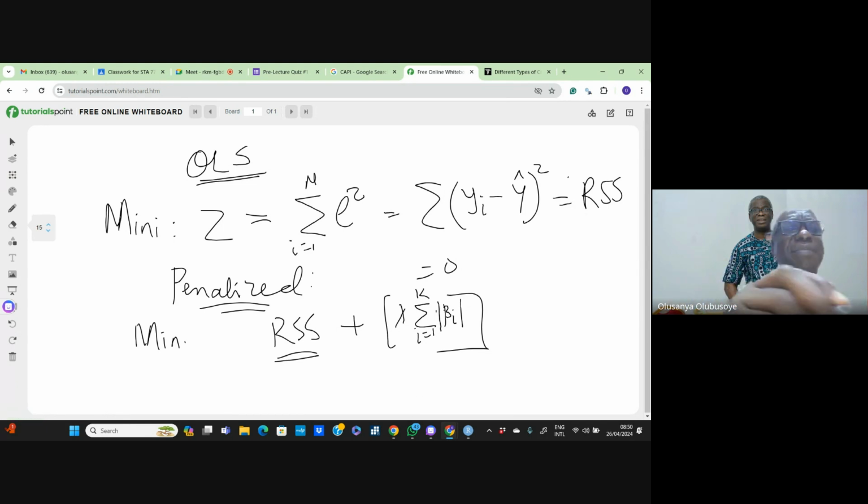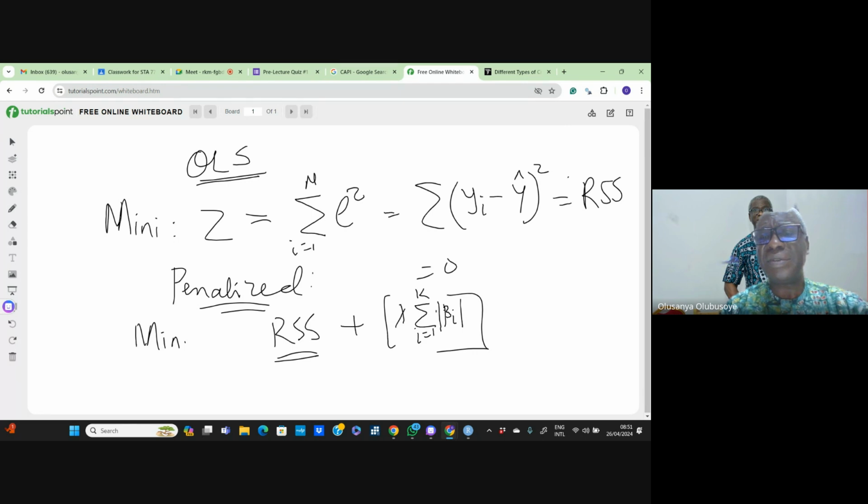So we are only minimizing the sum of the absolute values of the coefficients. These absolute values are coming from the OLS estimates.